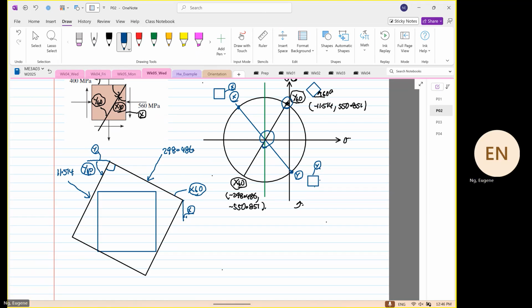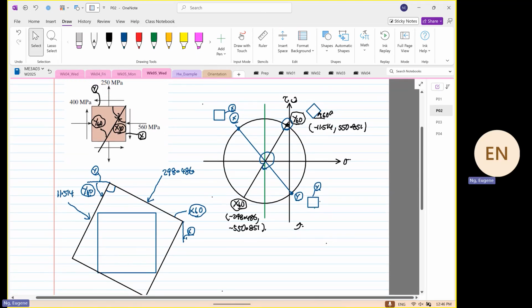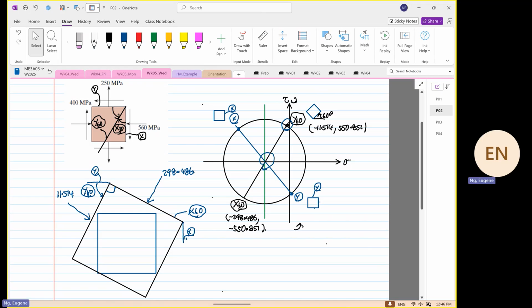Okay. So now the confusing part is the shear. We know the shear will be what? 550.851 and 550.851. What we are interested in, in terms of shear, is the rotation of the element. I repeat again, it is the rotation of the element. When this is the case, Y60, the element will rotate in the what?